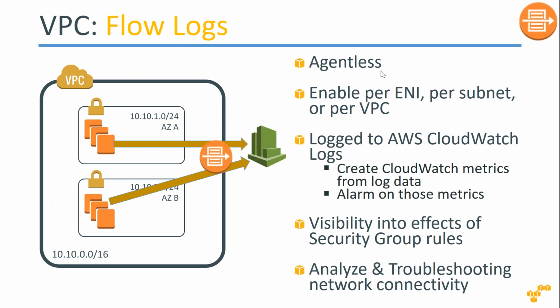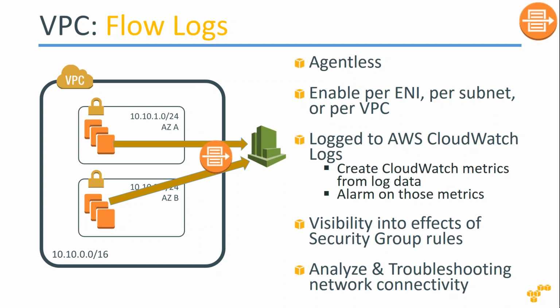So when you're talking about VPC flow logs, the most interesting and, I would say, startling thing is that it is agentless. What it means is, if you have an EC2 resource running inside a VPC and you want to track all the packets going in and out of the EC2 instance or a particular interface in an EC2 instance, you don't have to install any agent in the EC2 instance.